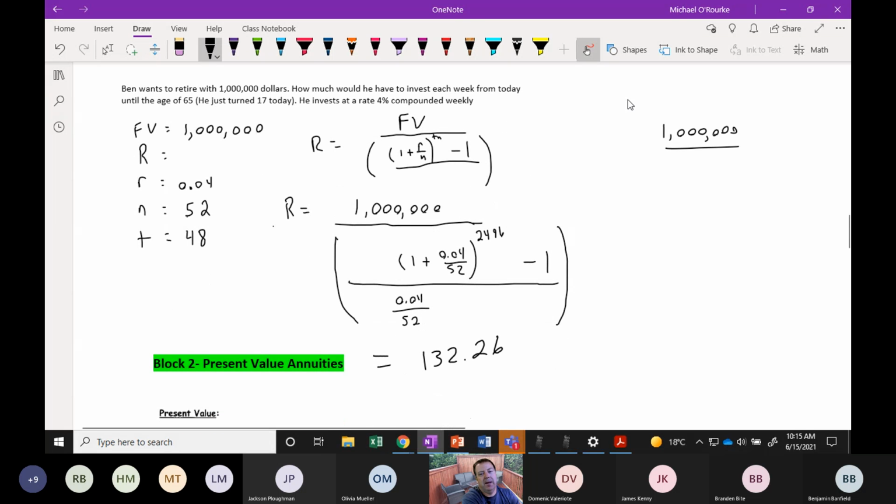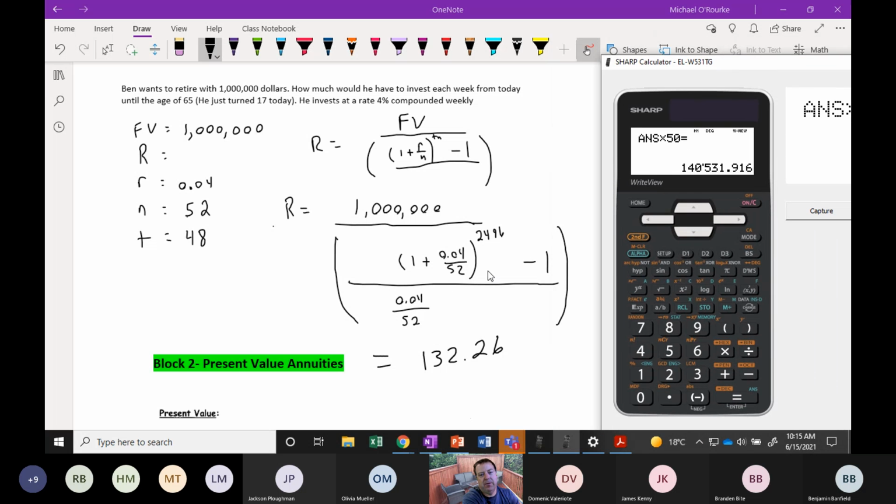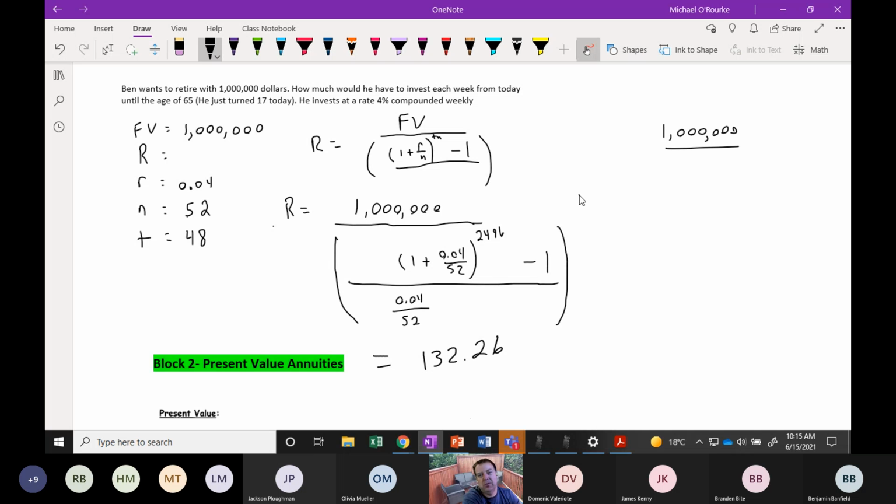And then in my calculator, if I'm using, let's say, an iPhone calculator, I would still do the exact same thing I did before: do the top, then do the bottom. So I would go 0.04 divided by 52 equals, plus 1 equals, to the power of 2496, press equals, minus 1 equals, so 5.82.